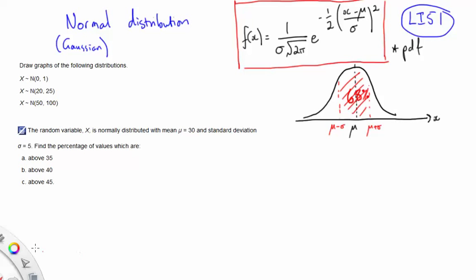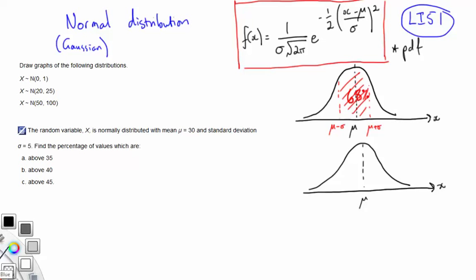Alright, and then within 2 standard deviations, so here's our bell-shaped curve. That's a shocking drawing. I'm going to redo that. Within 2 standard deviations, so if this is your mean, let's do 2 standard deviations.